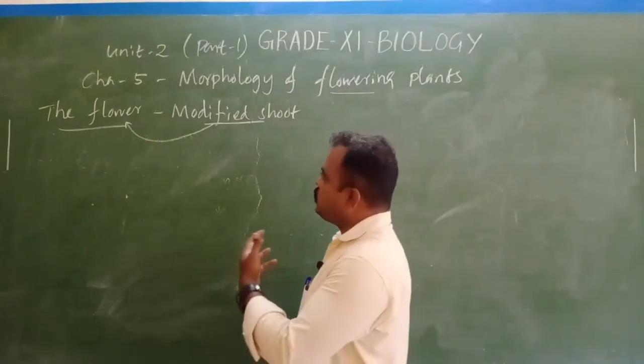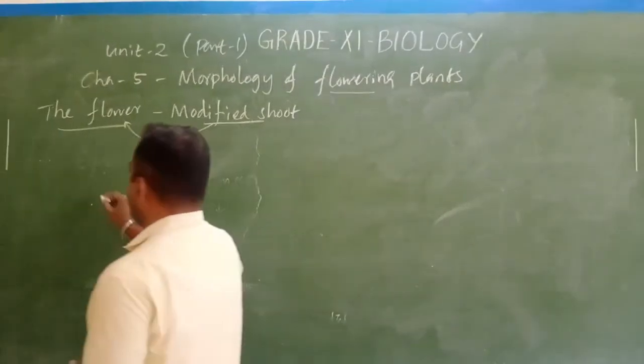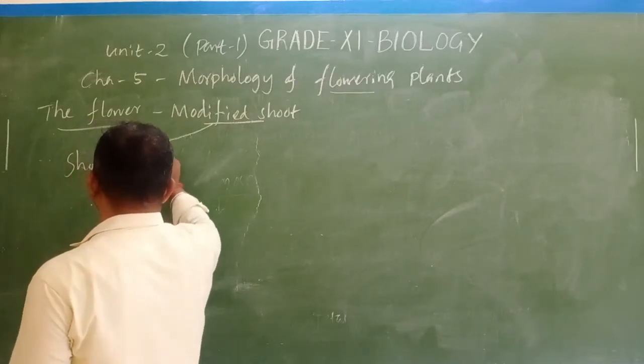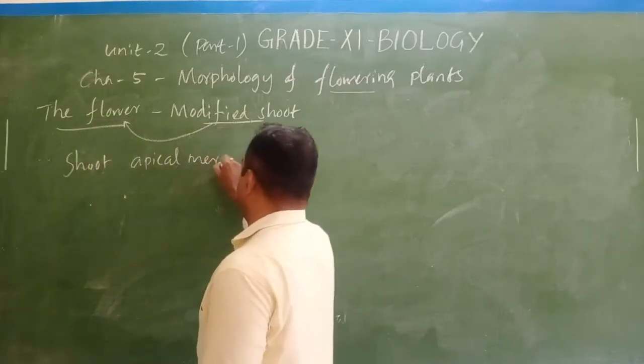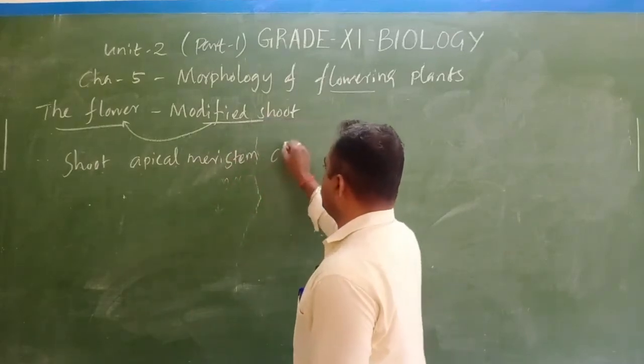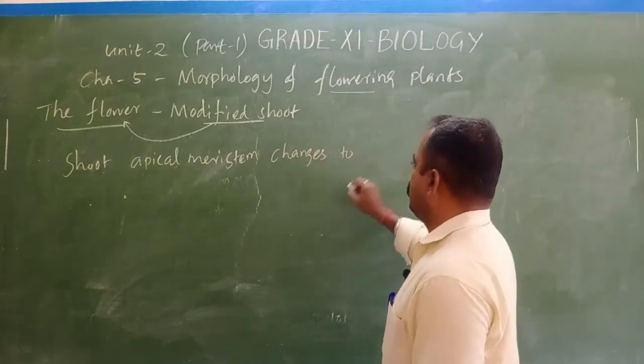Sir, modified shoot, how do you say that? That means the shoot apical meristem changes to floral.